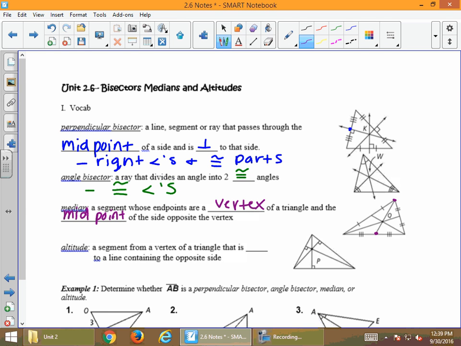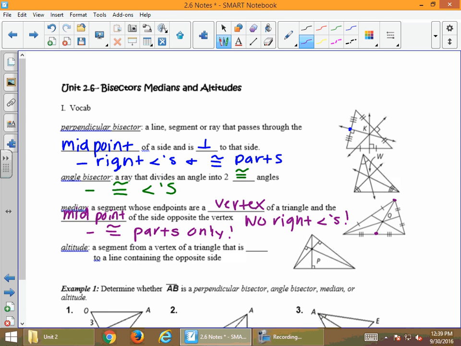So that's exactly what you're looking for if you're asked to identify. You're looking for congruent parts. It's only going to have congruent parts. It's not going to have right angles. If it had right angles, then it'd be a perpendicular bisector. So no right angles. Just looking for congruent parts.